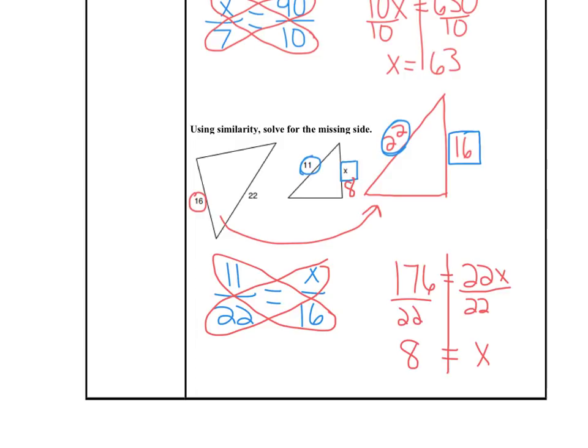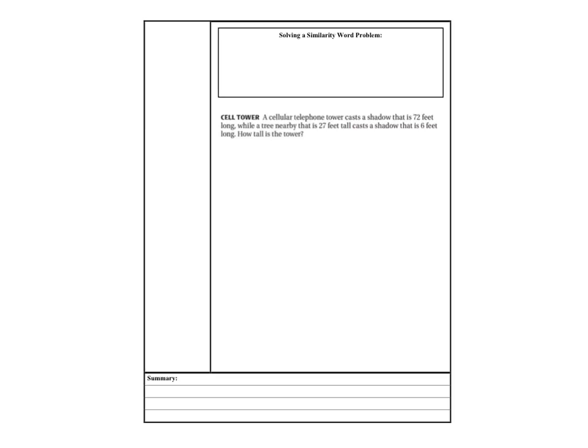Now let's flip over and look at the back on how we would deal with a word problem. So we will have 3 main steps when we work on a word problem with similarity. The first of our steps is going to be to draw a picture, and our picture most likely would have 2 shapes involved, and we need to label our sides.